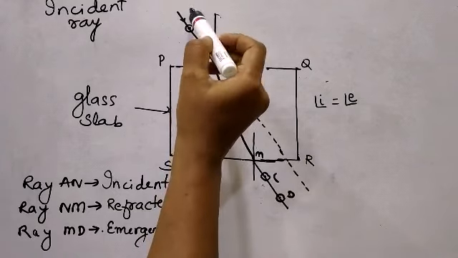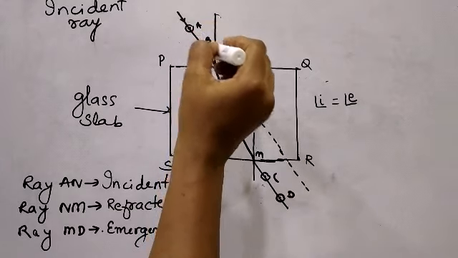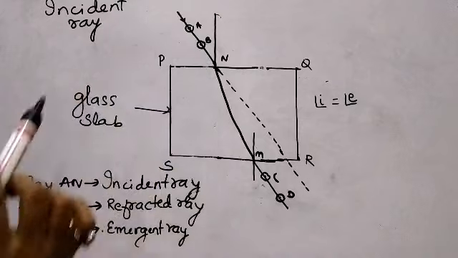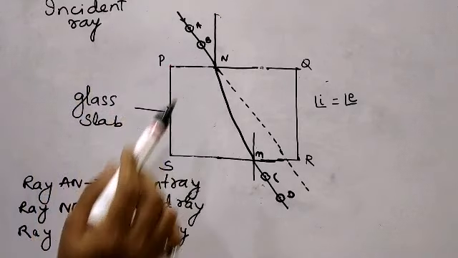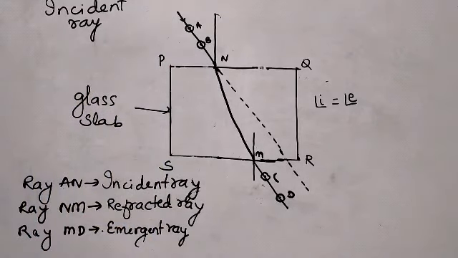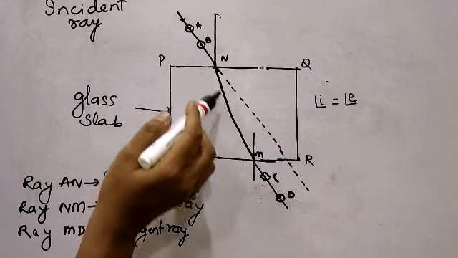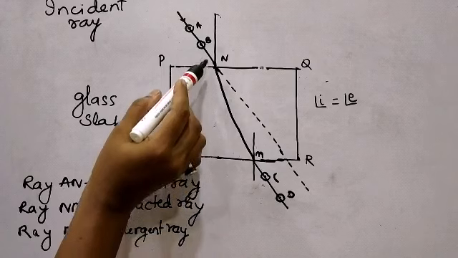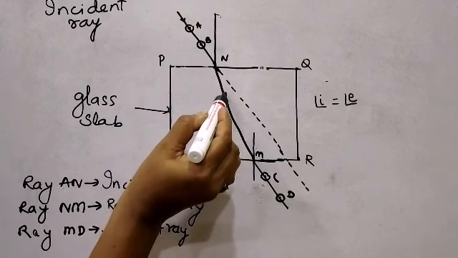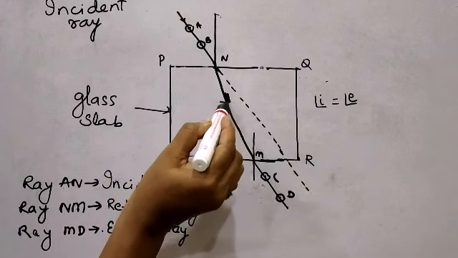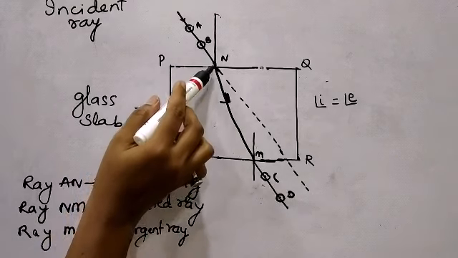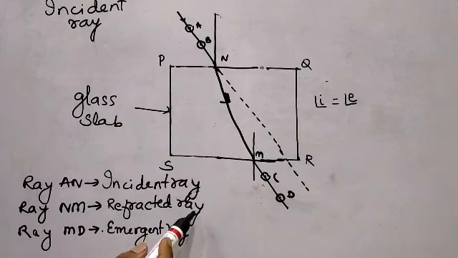Now, as I said, the ray of light which is traveling towards another optical medium, that is ray AN here in this case, is called the incident ray. Now, the ray of light which deviates from its path and enters into another optical medium is called a refracted ray. So here the ray NM is the refracted ray.